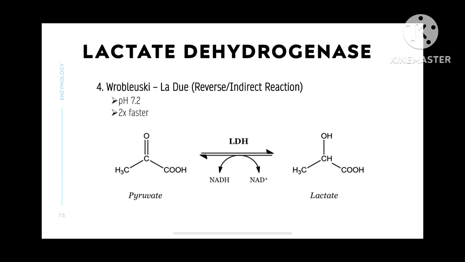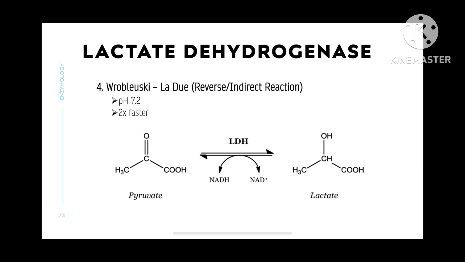Both the Wacker method and the Wroblewski-Ledoux method have been used in clinical assays, but the rate of the reverse reaction is approximately 3 times faster, allowing smaller sample volumes and shorter reaction times. However, the reverse reaction is also more susceptible to substrate exhaustion and loss of linearity.